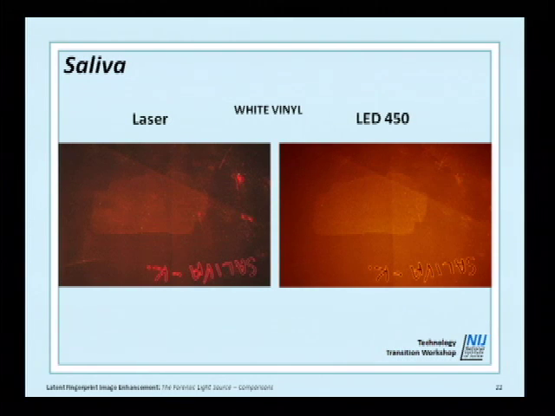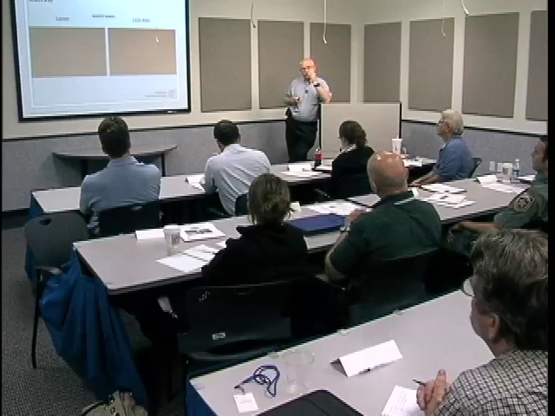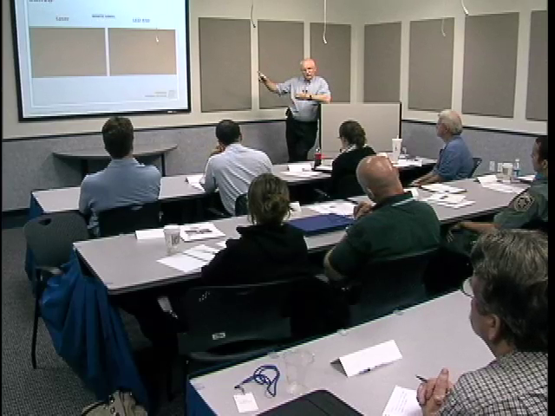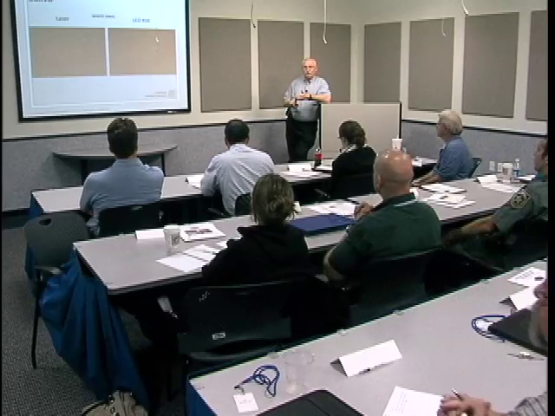But again, we don't want to narrow our thinking. It's not only what we can cause the target to do, it's the difference between the target and whatever it's on. So we can accept less of a fluorescent response from our target if we're getting absolutely no response from the background.